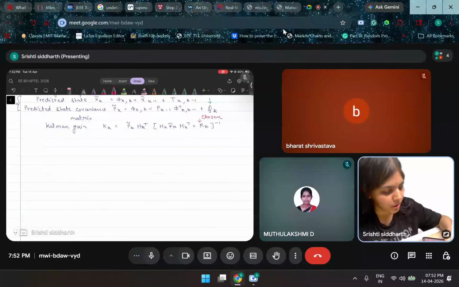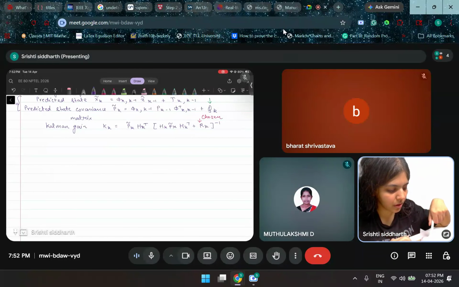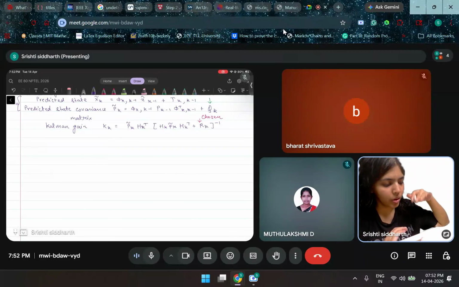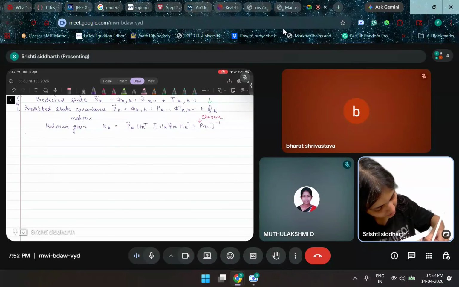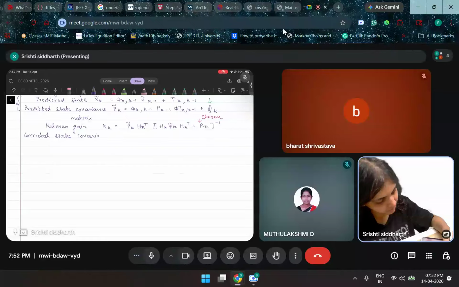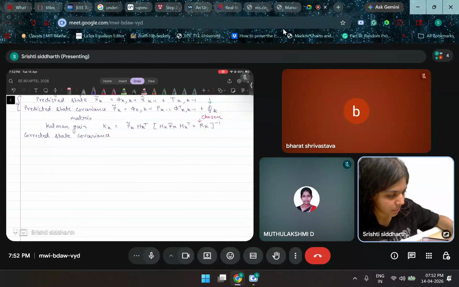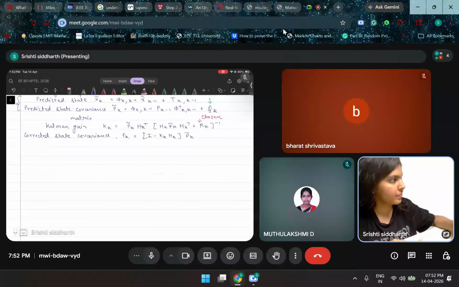Okay. So we have predicted, then we have the Kalman gain, and now we have to correct the estimate. First is the corrected state covariance, which is P equals I minus Kk Hk times the predicted P tilde at k.